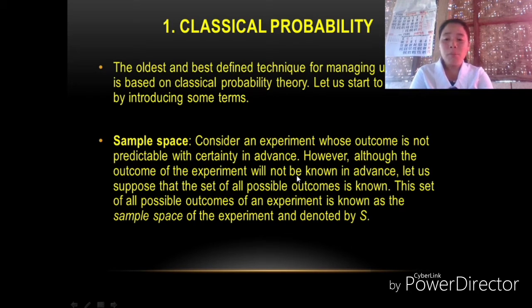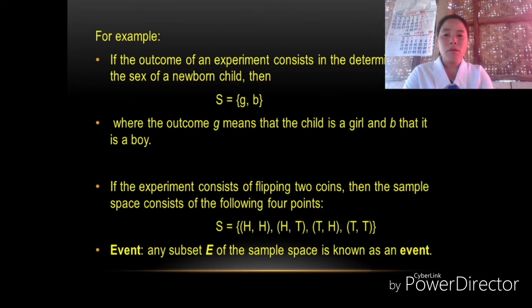This set of all possible outcomes of an experiment is known as the sample space of the experiment and denoted by S. For example, if the outcome of an experiment consists in the determination of the sex of a newborn child, then S = {G, B}, where G stands for girl and B stands for boy.